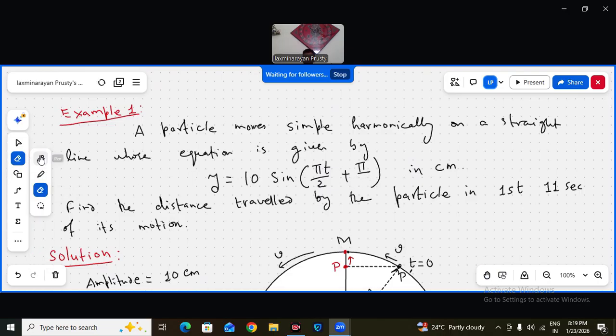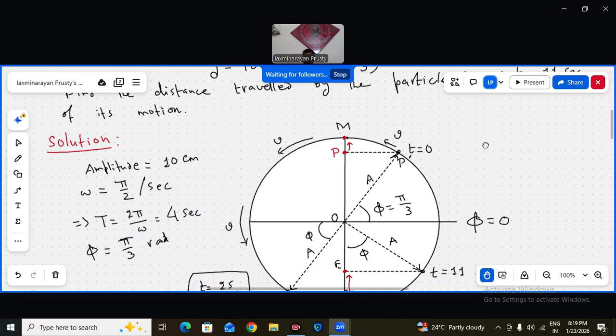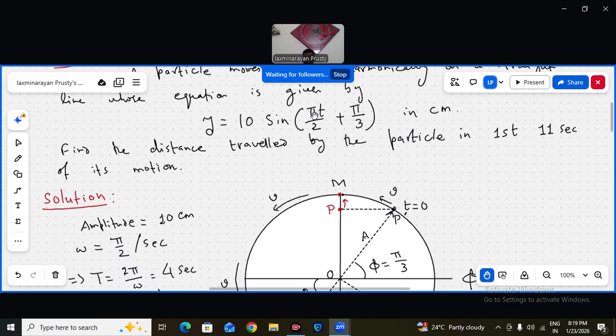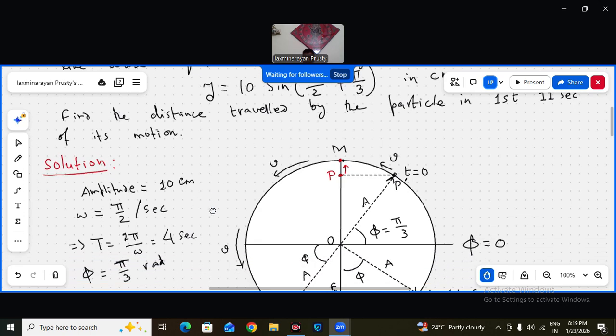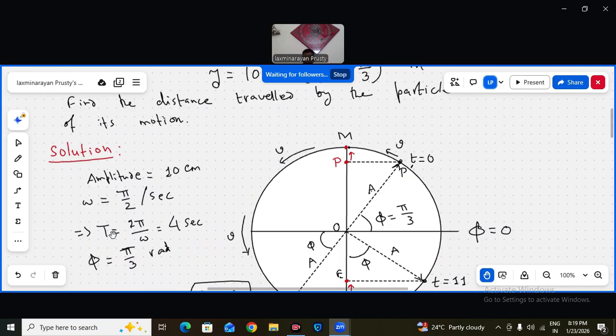So what is this? A is the amplitude, 10 centimeter. Omega is pi by 2 per second, radian per second. Time period is 2 pi by omega, that is 4 second.